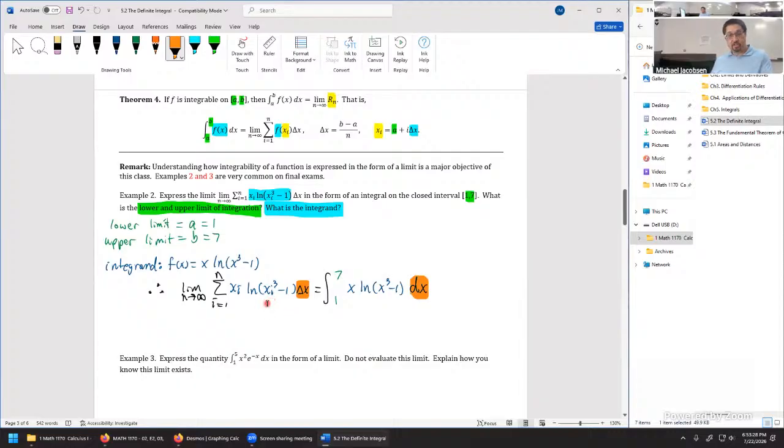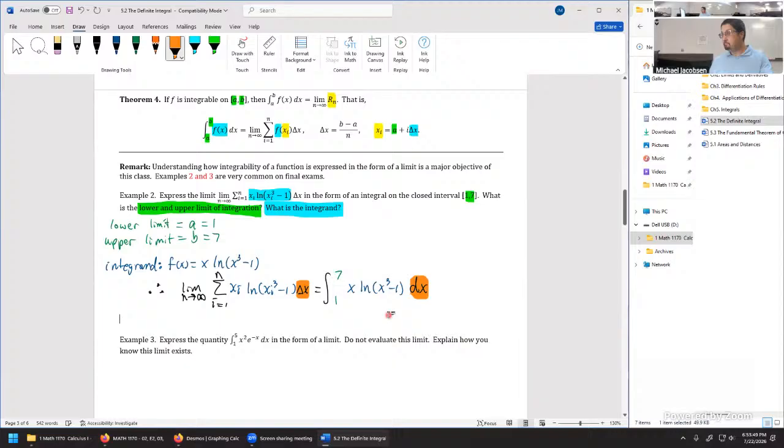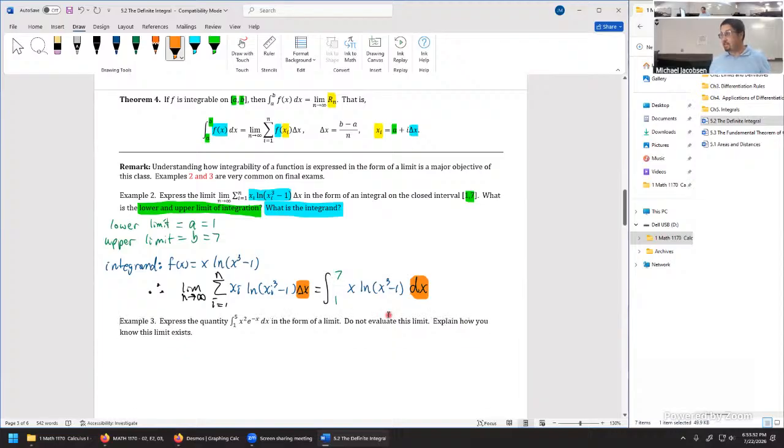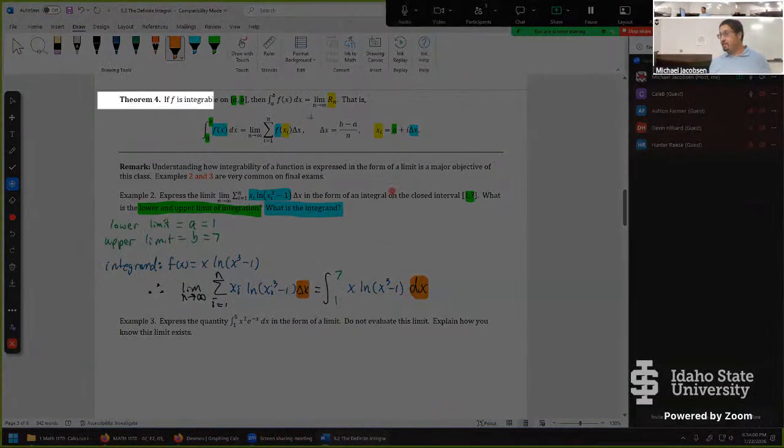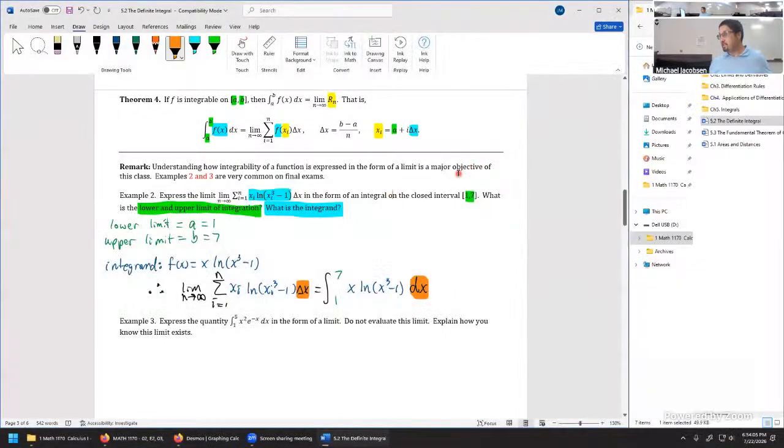It's kind of nice in a way to go this direction to convert into a definite integral. You just take your closed domain, go from 1 to 7, drop the i's, and just copy x natural log x cubed minus 1. And delta x just turns into a symbol to say we're integrating with respect to x. We put a dx on the very end. So that's the process going from right to left, limit of a Riemann sum into the definite integral. Now we want to reverse it, go from the definite integral into the limit.